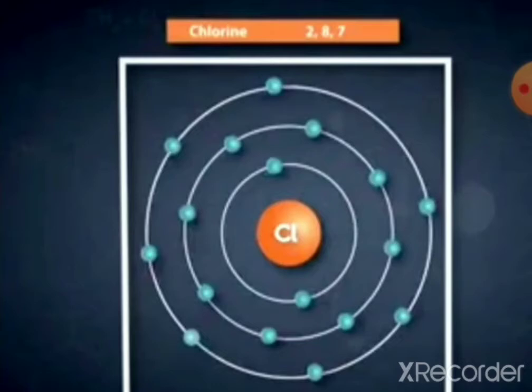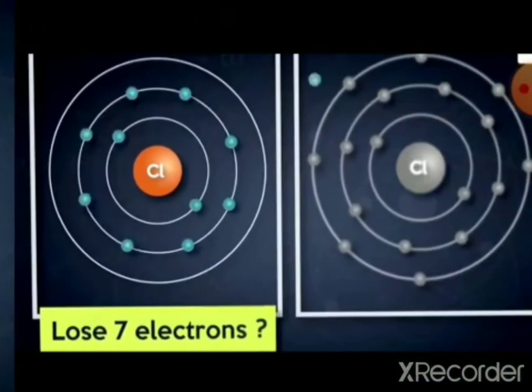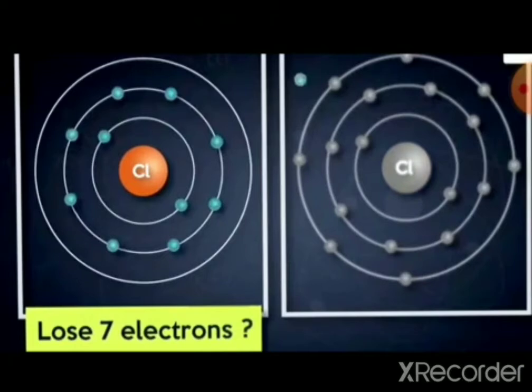In the K shell 2 electrons are there, in the L shell 8 electrons are there, and in the M shell 7 electrons are there. So which one will be easier for chlorine?